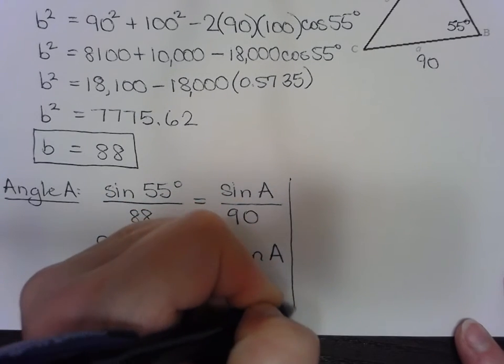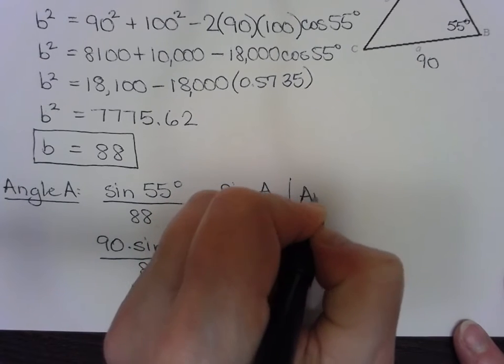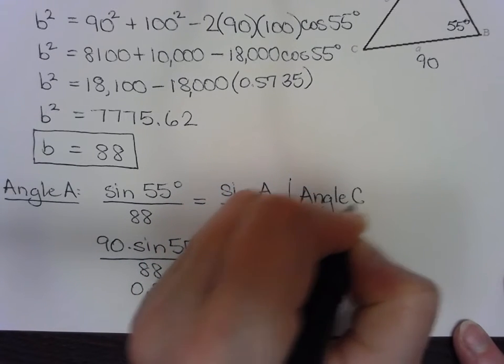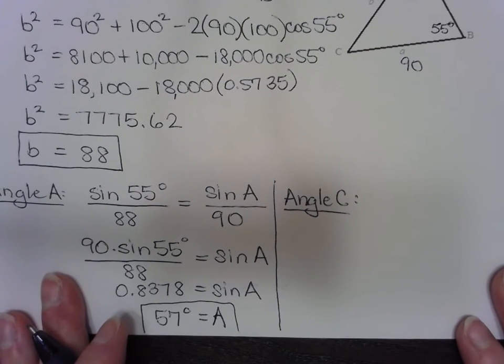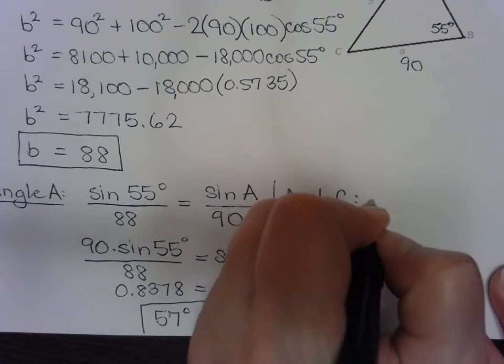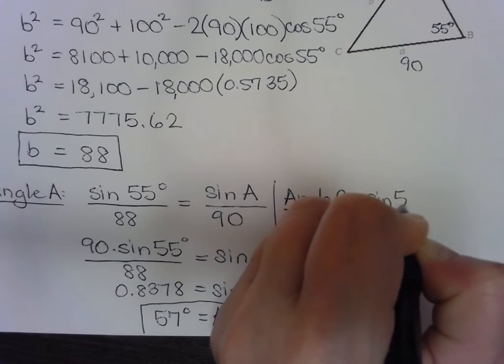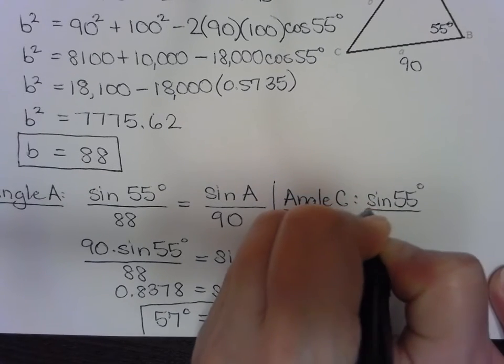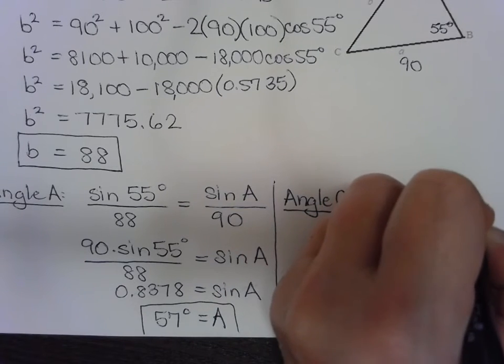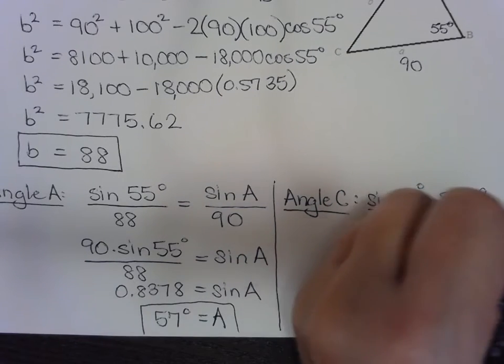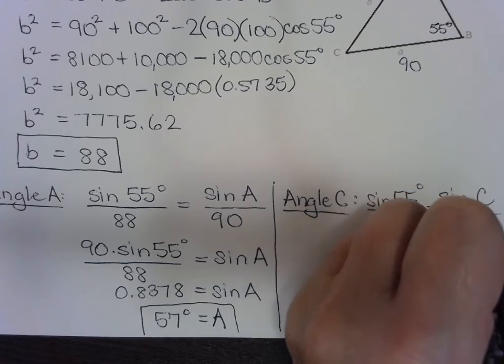All right, the only thing left is angle C. So I'm going to use the law of sines one more time. So now I've got the sine of 55 over 88 is the sine of angle C this time over 100.